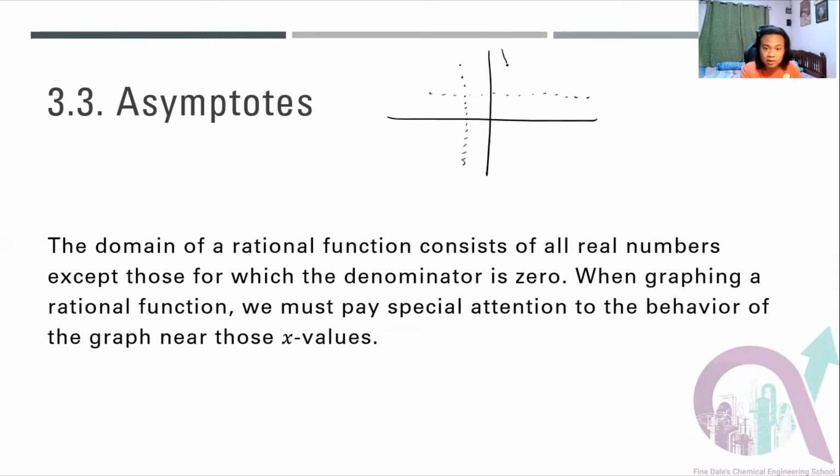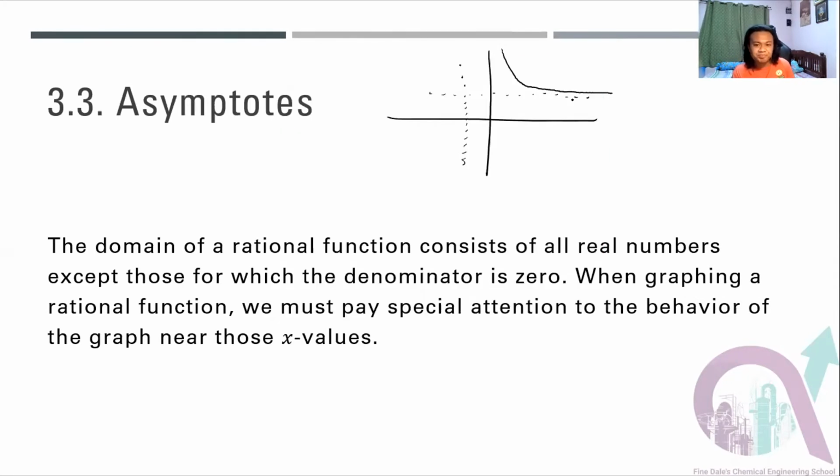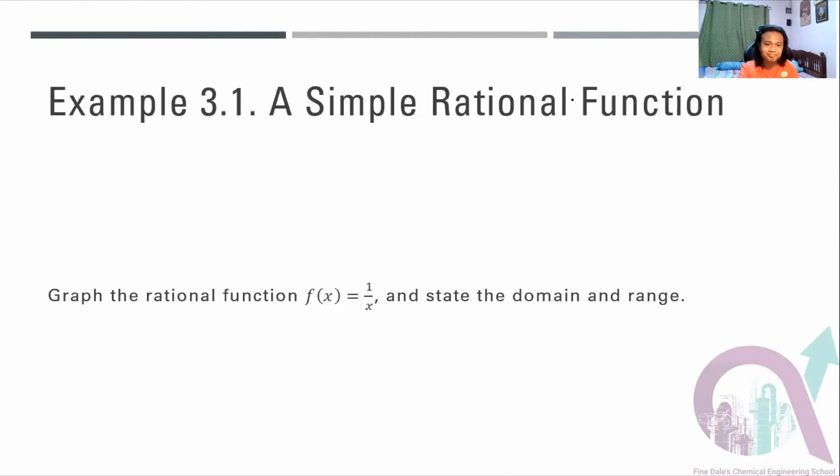It's a curve that approaches but does not touch, like your crush. Close but no touching, not up to your strategy. That's the asymptote. When graphing a rational function, you must pay special attention to the behavior of the graph near those x values.